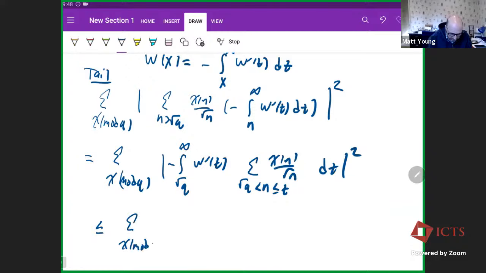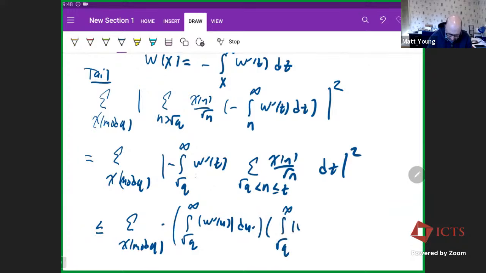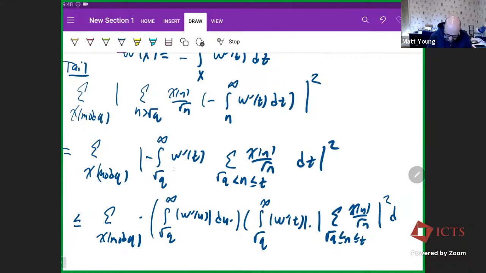So Cauchy says, I want to take the integral to the outside and keep the sum on the inside. So this should be bounded by the integral from root q to infinity of the absolute value of w prime of u du as one factor, and then the other factor will be the integral from root q to infinity of another w prime of t, times this L2 norm, the sum of chi of n over root n, squared, dt.